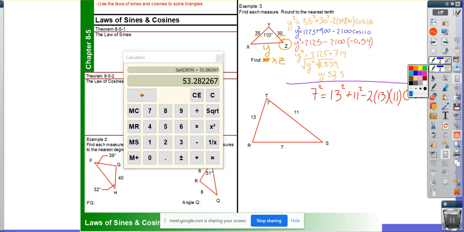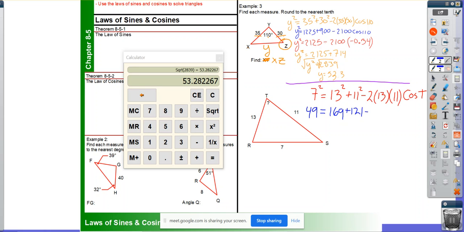My next computational step was to figure out the exponents, which is 13 squared is 169, 11 squared is 121, and 7 squared is 49.